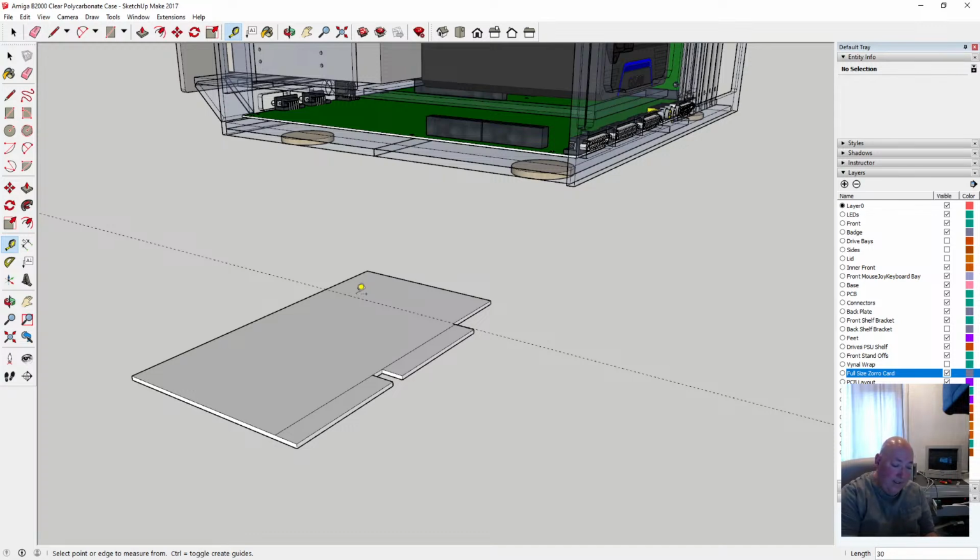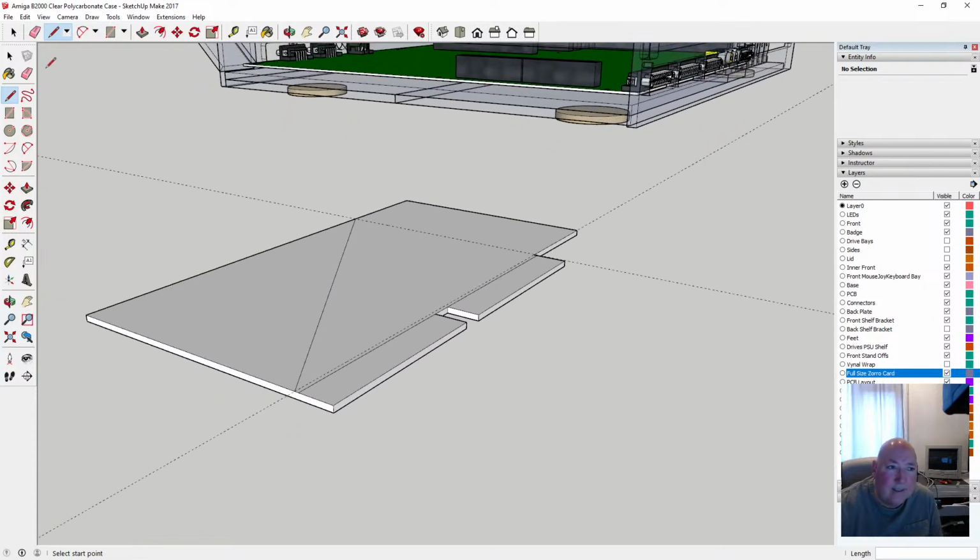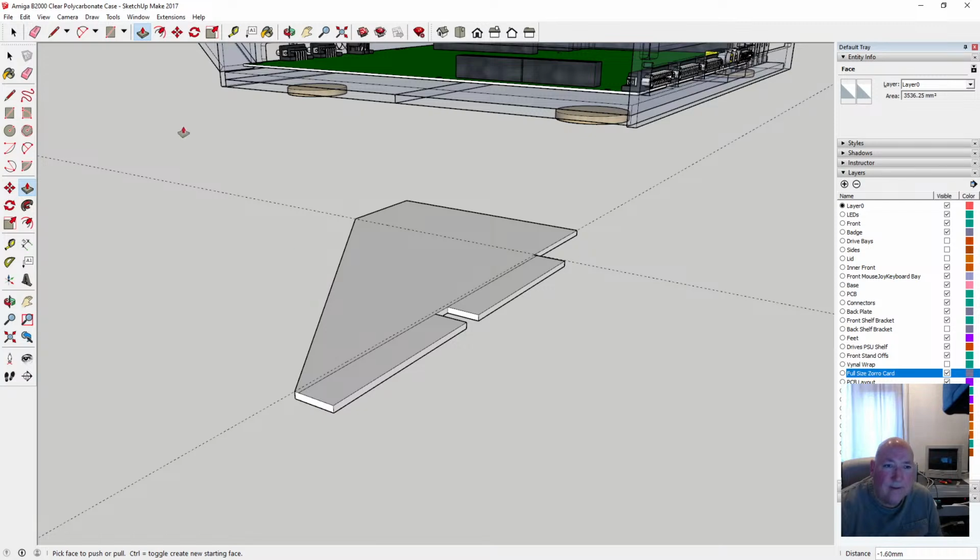Pointy end, 10mm. Right, so it's 10mm. We want one at 10mm. So we've got to come from here down to there, just like that, and we get rid of this. Okay, so we've got our shape of the card.